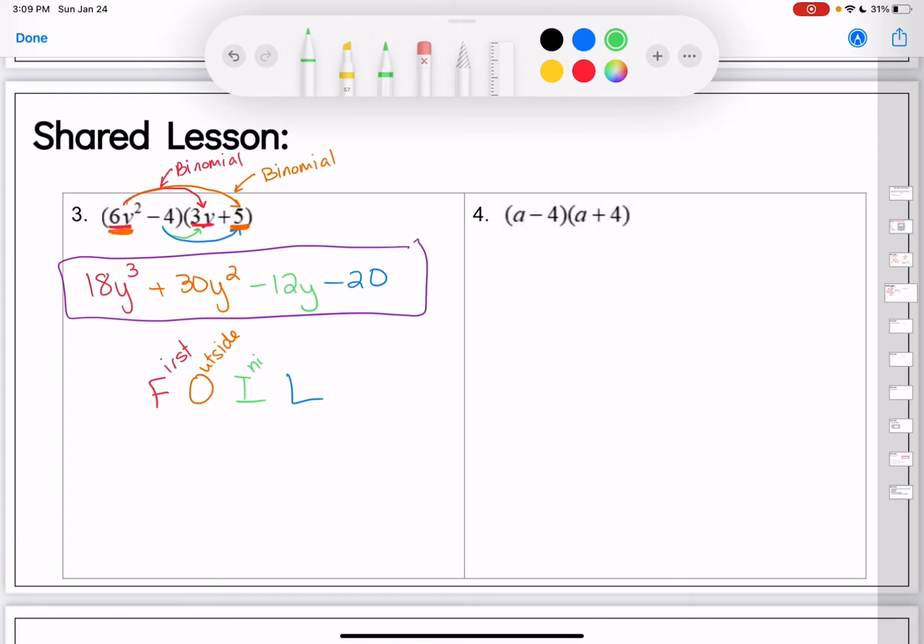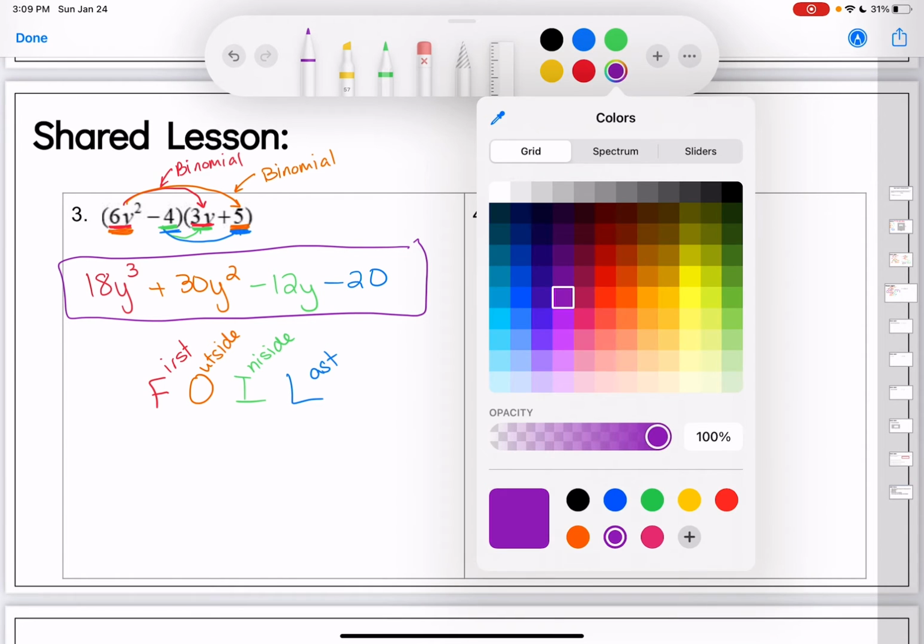I stands for inside. The third distributing I did were the two on the inside of the parentheses. L stands for last. My last distributing was my last terms in each of my sets of parentheses. FOIL is just binomial times binomial.